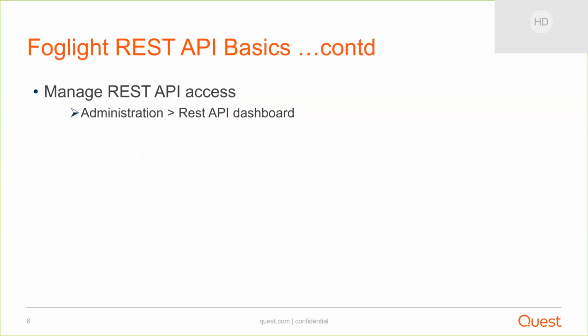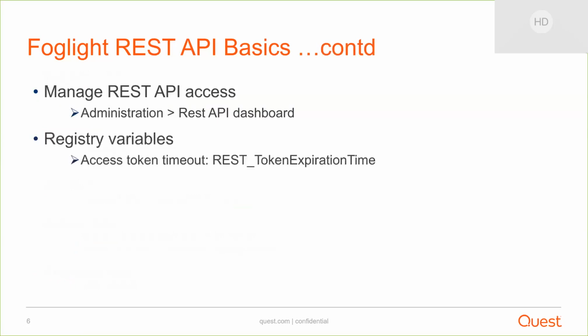And remember, that is not for just the user, but for the entire system. So as an administrator, you might have, say, 5 API developers out there, and you don't want them to access one particular API for some reason, some sensitive data or something. You can do that from the REST API dashboard.